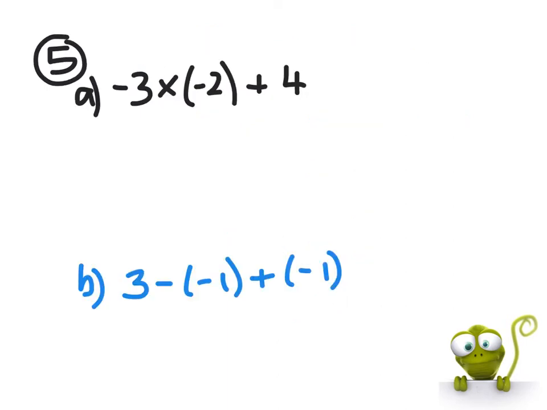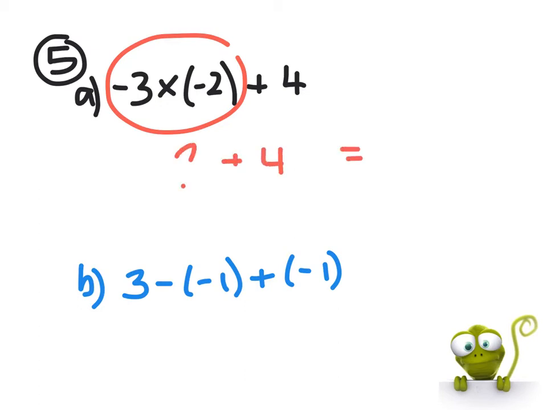Question 5 is working with some integers, some positive and negative numbers. Again, BODMAS comes into play. So the first stage is going to do the multiplication. Now you should know what a negative times a negative is. So you'll get that answer, add on 4, and you're done.